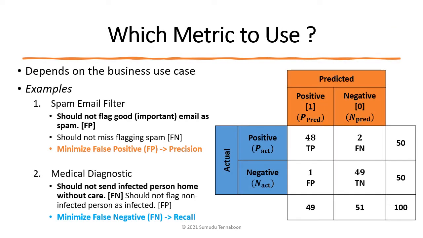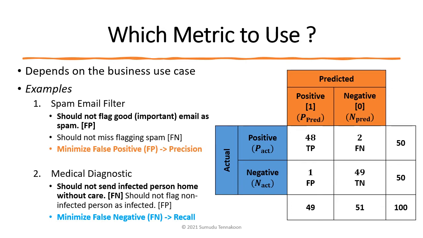Okay, so now we know the different metrics we can use. So which metric should we use then? Like I mentioned multiple times in this lesson, which metric you should use depends on the business use case and the objective, right? So let's take two examples. Let's take a spam email classifier, or filter.